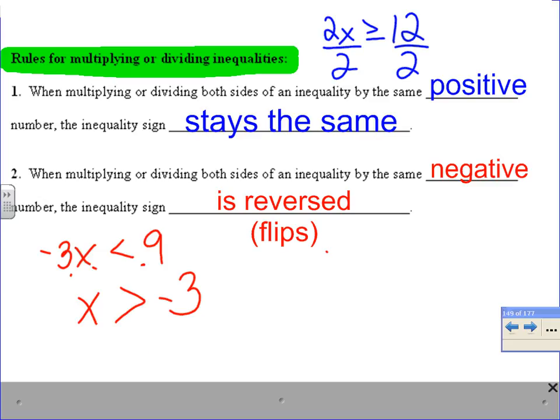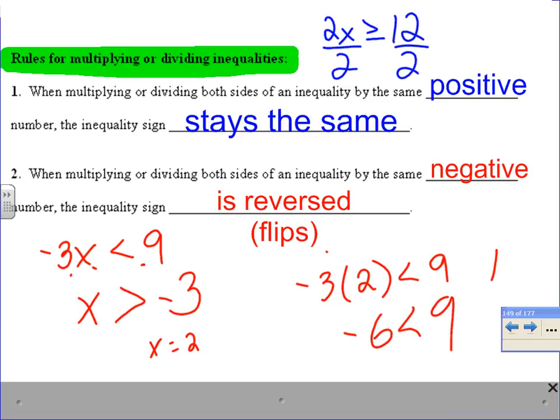Okay, 2. So let's use 2. If we plug 2 in, -3 times 2 less than 9. Is -6 less than 9? Yes. So it's true. You have to flip the sign when you multiply or divide both sides of the inequality by a negative. If you don't, it's not true.